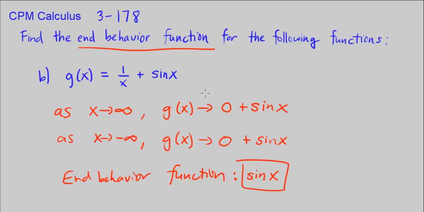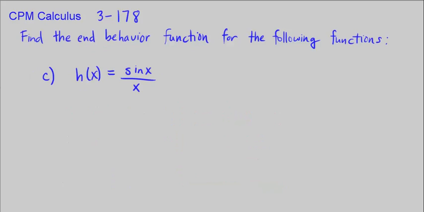All right. Let's go on to part C. Part C, we have h of x is equal to sine of x over x. All right. So this one, we're going to look at the same way. As x approaches infinity, what happens to h of x?